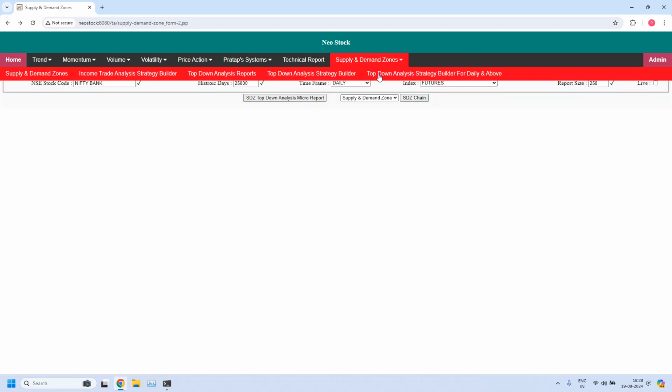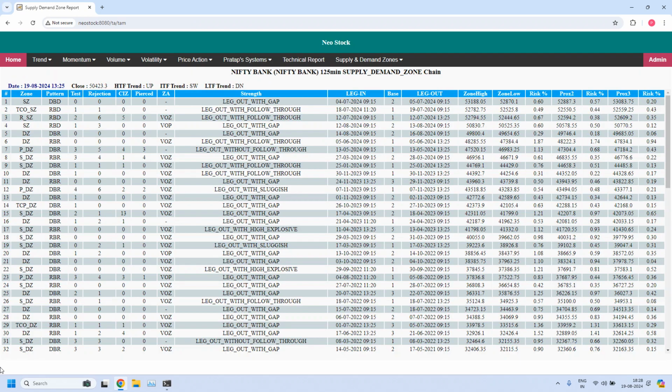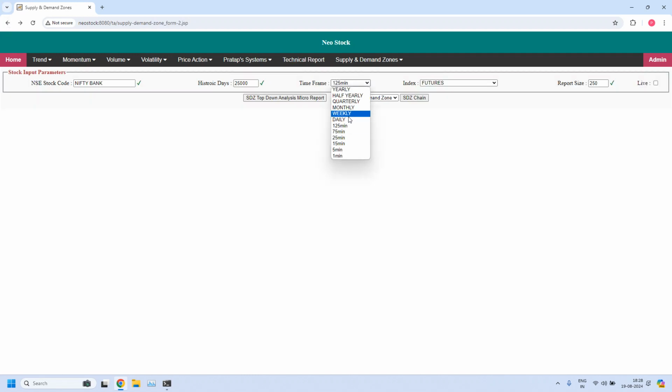And the next time frame is 125 minutes, generating the 125 minute supply demand zone chain for BANKNIFTY. And the next time frame is 75 minutes. I am generating the 75 minute chain for BANKNIFTY.